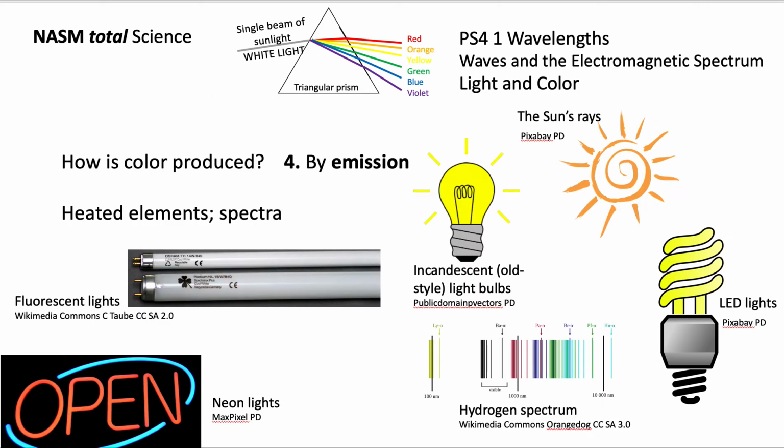And the fourth method here is emission of light, with heated electrical elements, heated wires, and getting spectra. So incandescent, the light bulb there, and indeed LED lights, the sun rays emitting white light, fluorescent light, bottom left-hand corner, neon lights.